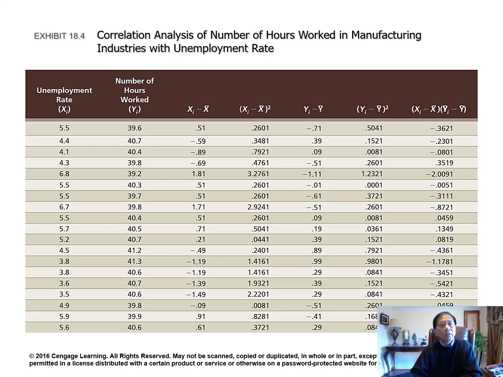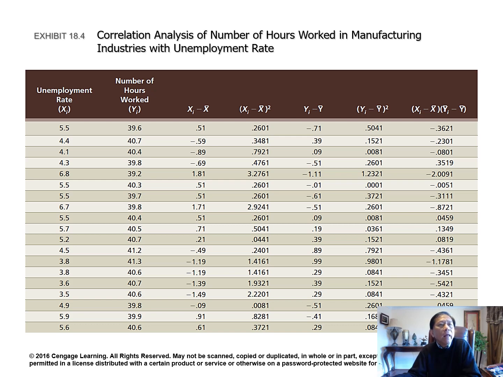Here's an example showing the unemployment rate, right? The unemployment rate 5.45, 4.4, etc. The high is 6.7 and 6.8, I believe. The lowest is 3.5. The number of hours worked is around 40, more or less.